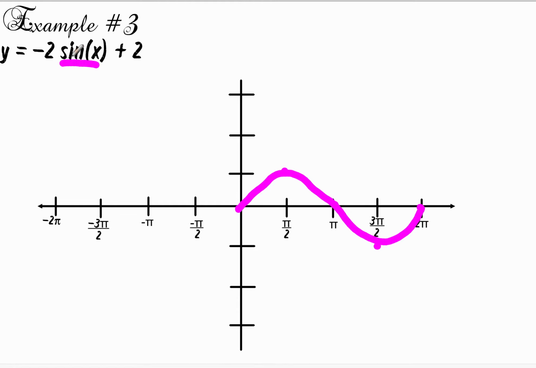All right, so now what they want me to do to that, they want me to double the sine wave. All right, one thing at a time, I'm going to double the sine wave. So 0 stays at 0, 1 goes to 2, 0 is at 0, -1 goes to -2, and then 0 stays at 0.